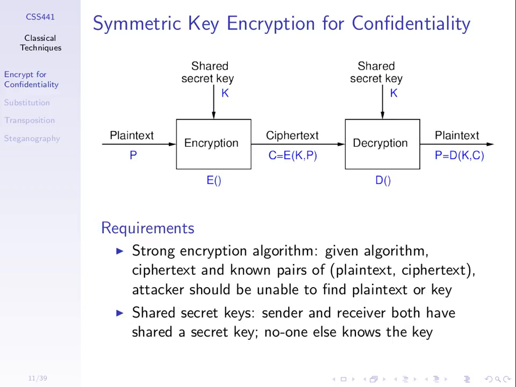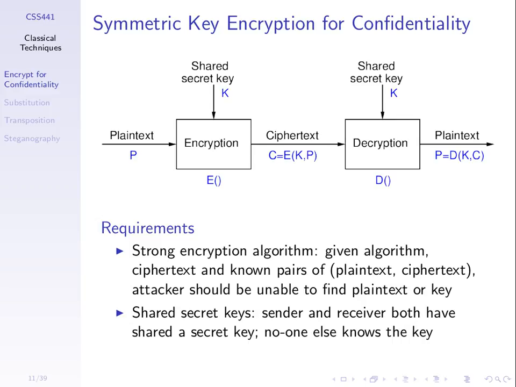If they find the key, they can also easily find the plain text. If somehow I can find the key K, as if I'm the attacker, then I can easily decrypt because I know the algorithm, I know the ciphertext and the key, so I simply apply the decryption algorithm on the ciphertext and I get the plain text. So the attacker aims to find the key or the plain text. They are given the ciphertext and the algorithms. They are not given the key. We assume they don't have it.